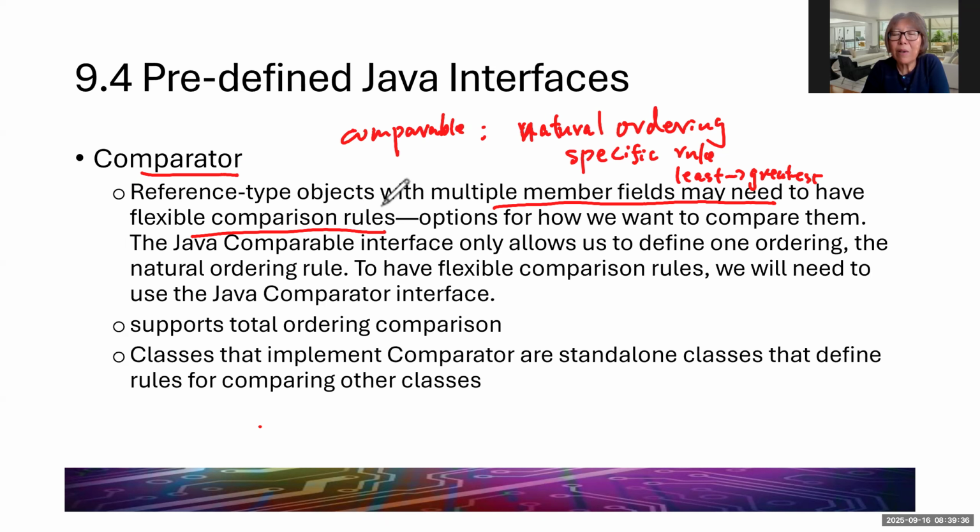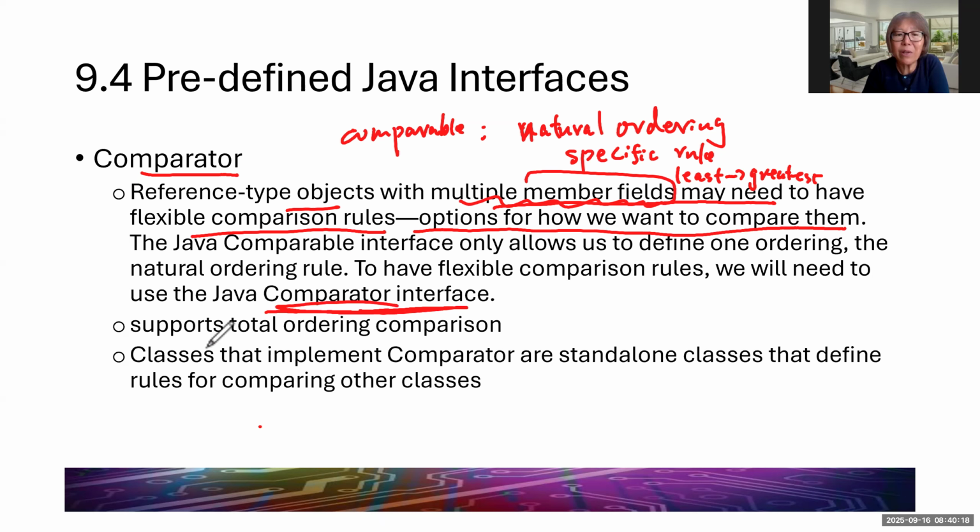But if the reference object has multiple member fields, not just a single one, sometimes you want your comparison rule to follow one instance variable, and sometimes the other. That gives more flexibility and provides more options for how we compare them. The Comparable interface cannot achieve that, so in this case you can use the Comparator interface.